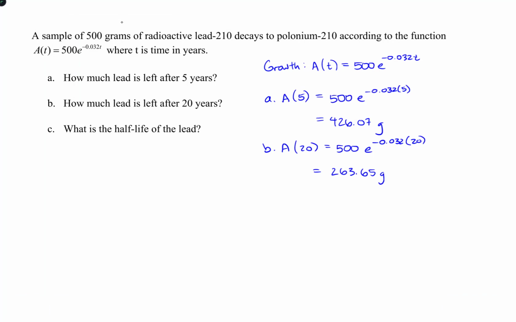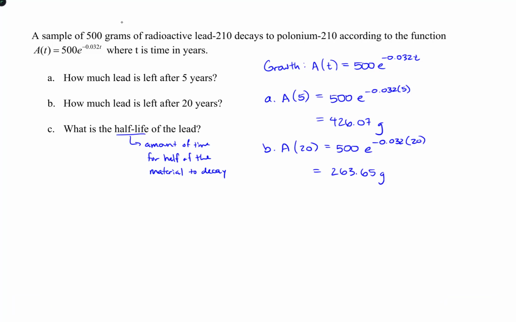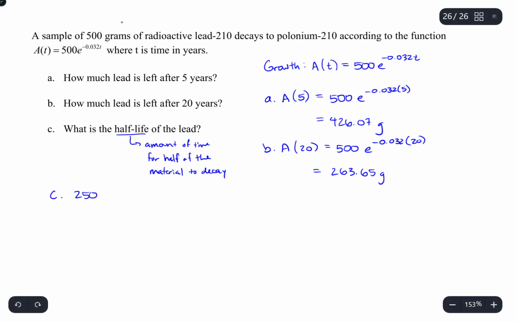The question then, in part C, asks, what's the half-life of the lead? Well, the half-life is the amount of time it takes for half of the material to decay. So let me just write that in. If we started with 500 grams, then we want to end with 250 grams.